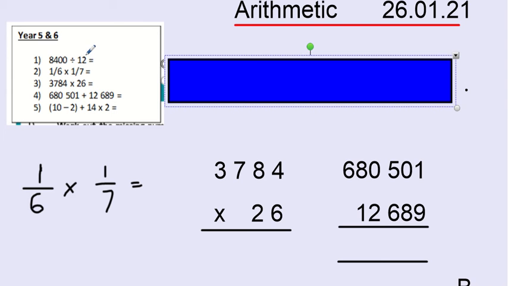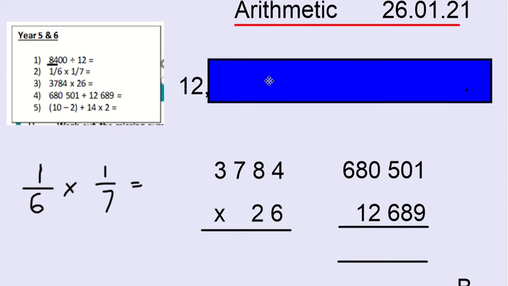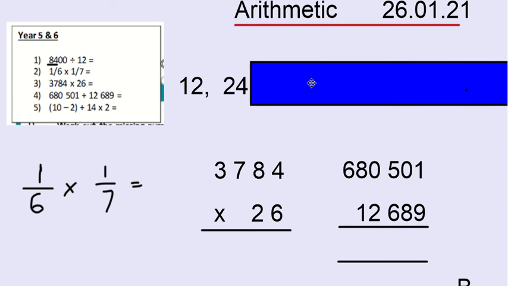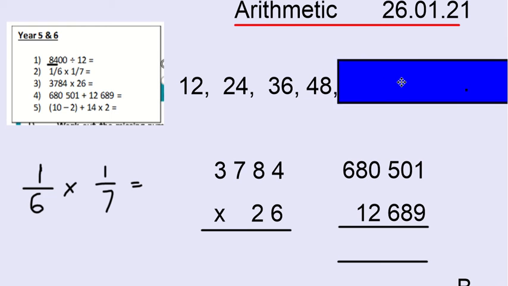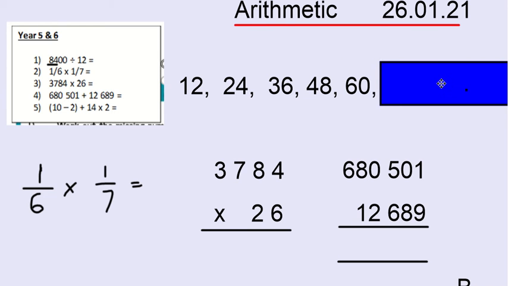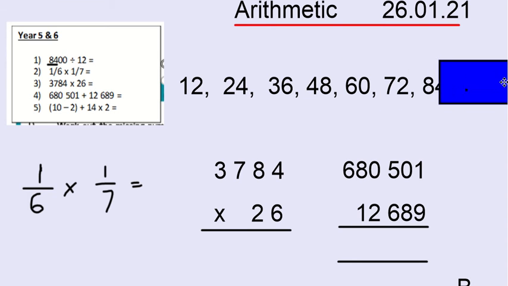So we've got 8,400 divided by 12. Now, I know my 12 times tables. I know my multiples of 12. And I know 84 is in the 12 times table. 12, 24, 36, 48, 60, 72, 84.